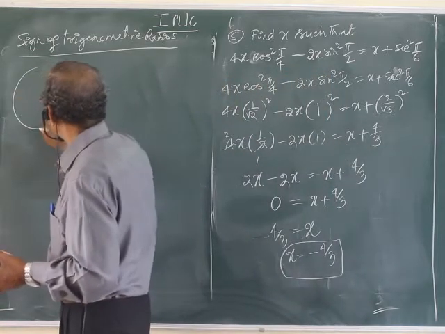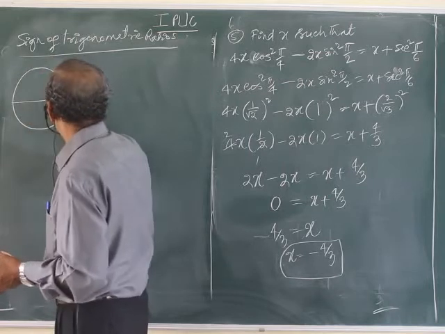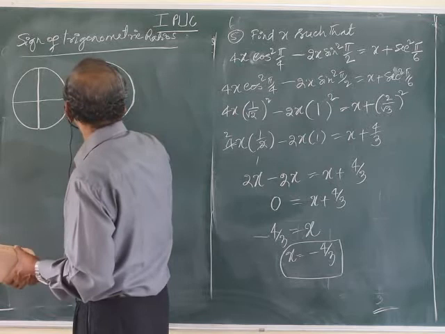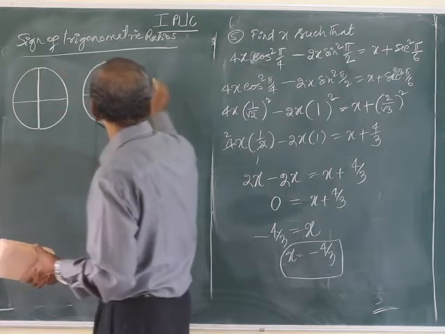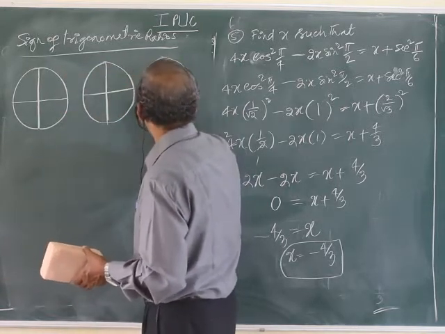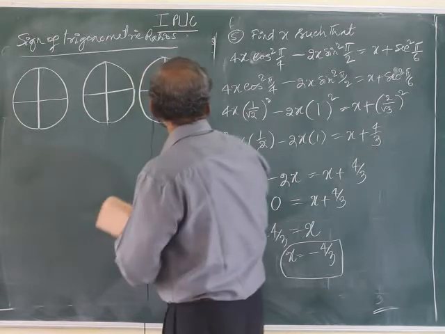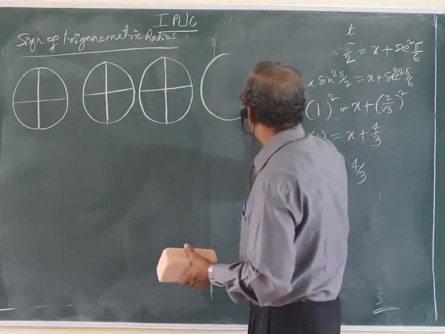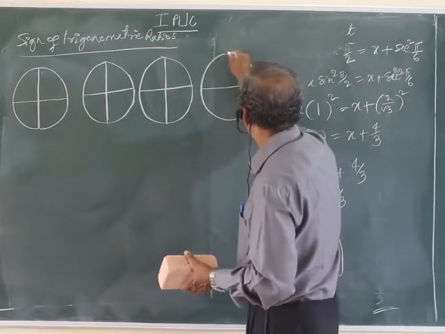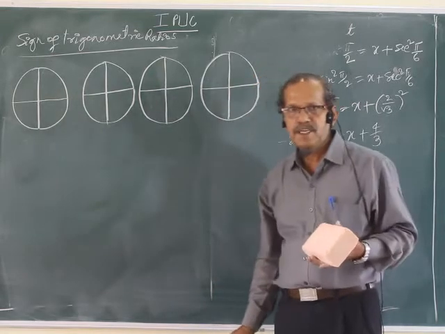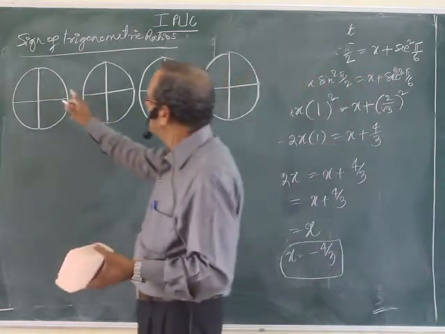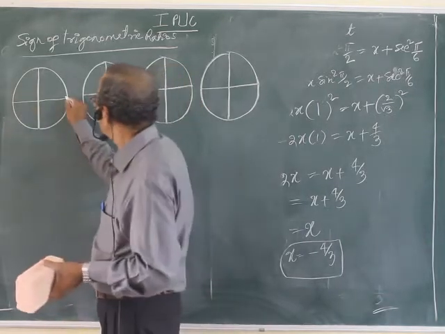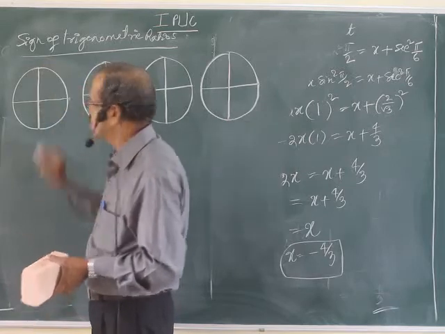Let me divide it into 4 parts. Divide the entire rotation or circle into 4 equal parts by 2 mutually perpendicular lines.